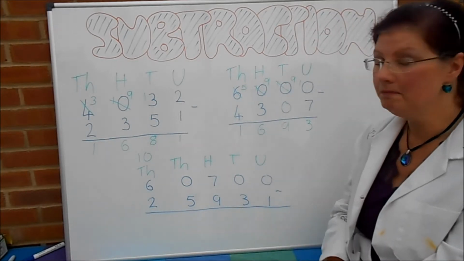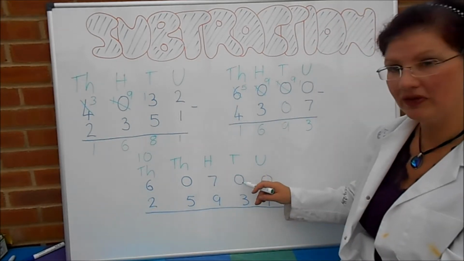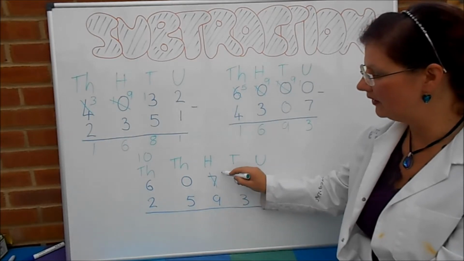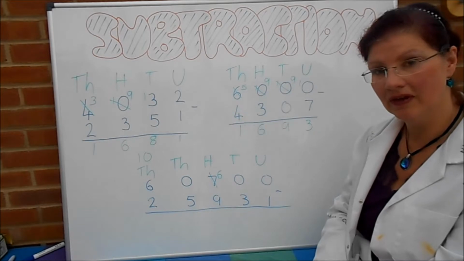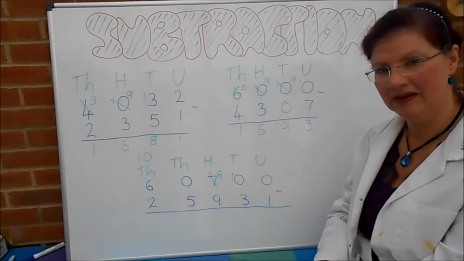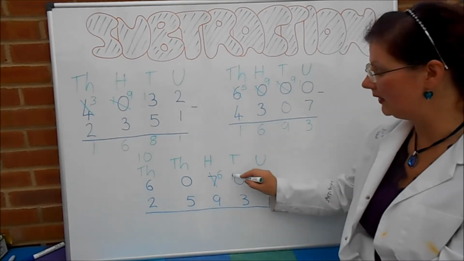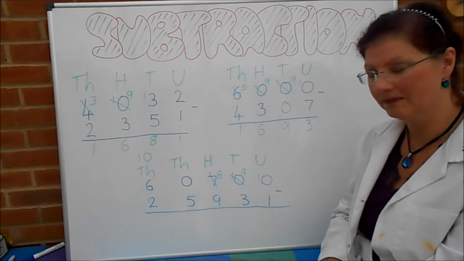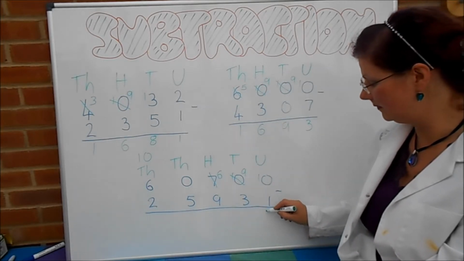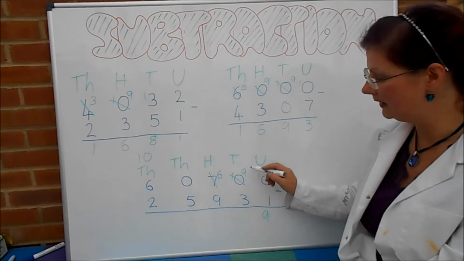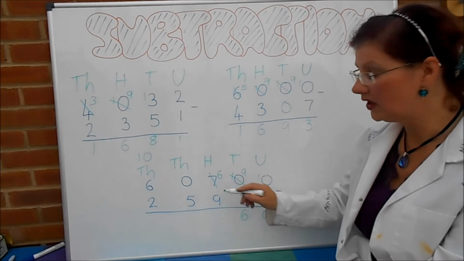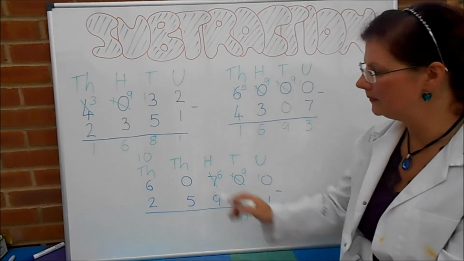And the last one, the big one down at the bottom. 0 take away 1, can't do it. Unpack one of these, aren't any there. Unpack one of these. So we now have 6 of those and 10 of these. Unpack here, 9 of those and 10 of these. 10 take away 1, that's 9. 9 take away 3 is 6. 6 take away 9, can't do it.